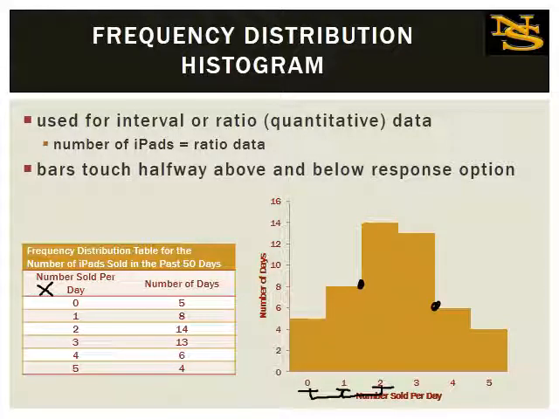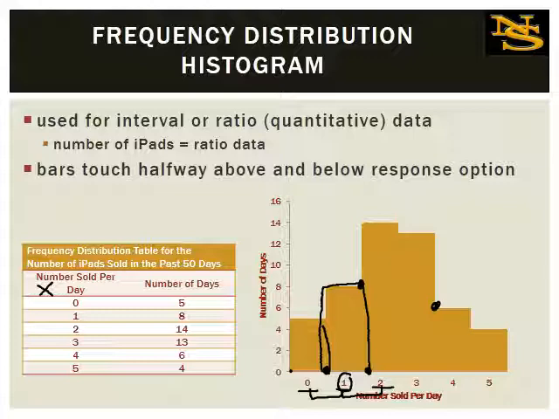For interval or ratio continuous data, we have these bars touch to represent these upper and lower real limits. So this really represents everything from like a 0.5 to a 1.5 right here, and that would be labeled as a 1. So it's just really capturing the full range of all potential values you could have there, fractions or decimals in between each whole number.